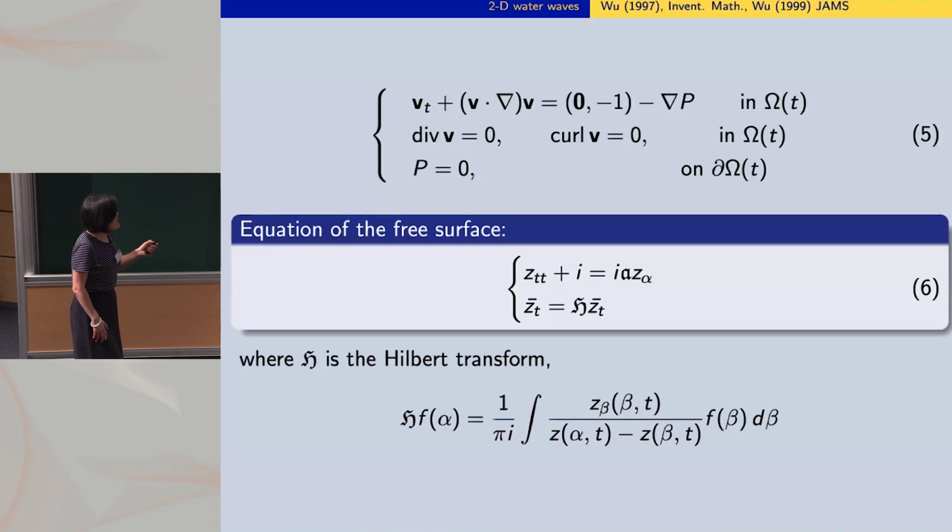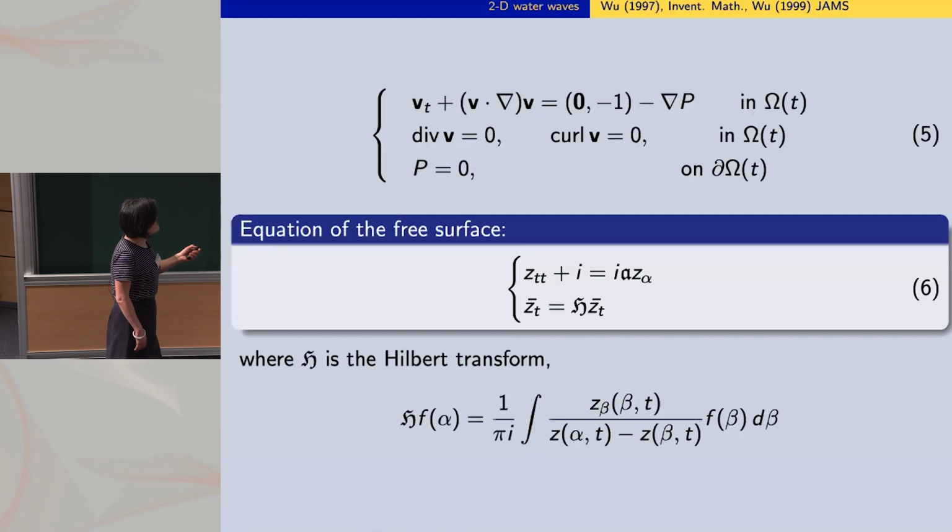And now if you write the equation on the free interface, you just translate this completely onto the free interface. So the left-hand side is acceleration, the acceleration of the free particle on the interface. And the gravity is now on the right-hand side, it becomes plus i. And negative gradient P is i A z alpha, right? It points only in the normal direction.